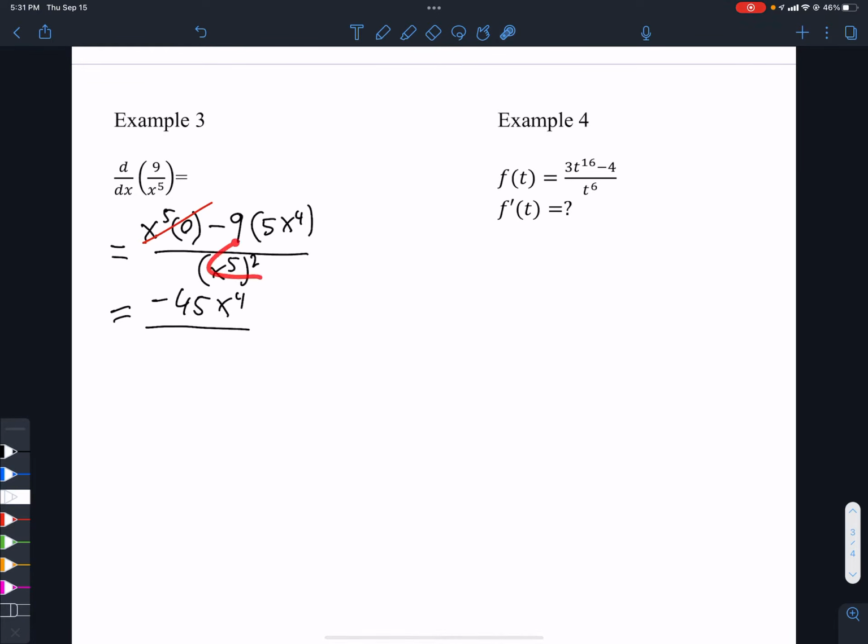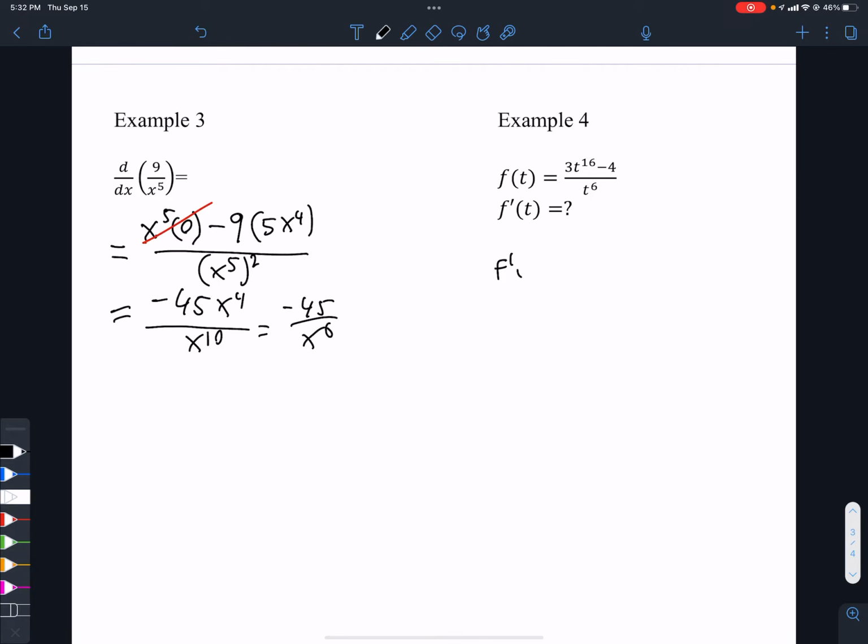The rule, exponent raised to an exponent, you multiply, it's x to the 10th. And then 4 of those will cancel 4 of those, leaving 6 on the bottom, right? So it's negative 45 over x to the 6th. That's going to be your answer. Pretty easy peasy. 2 more examples and we are done.